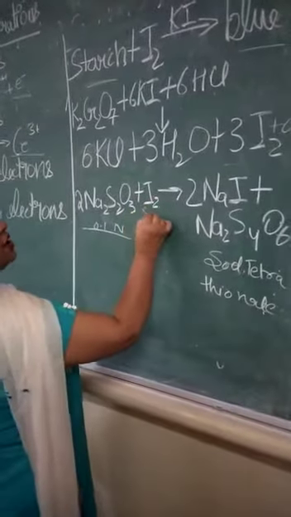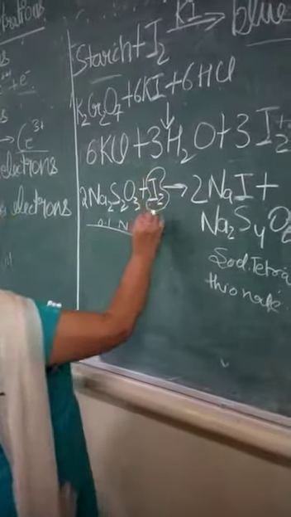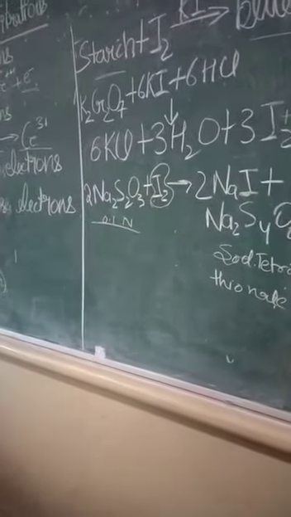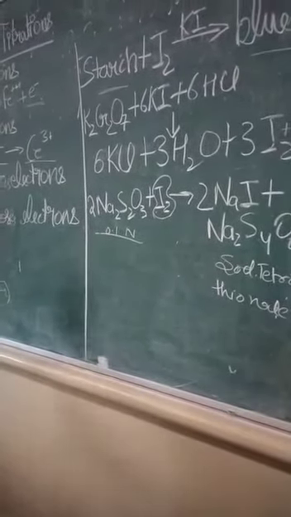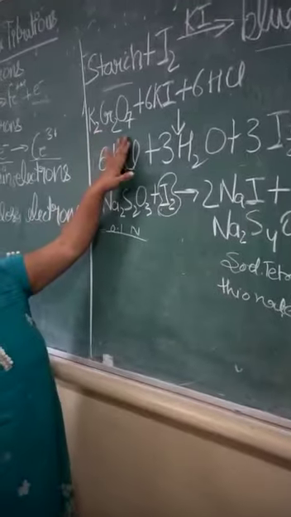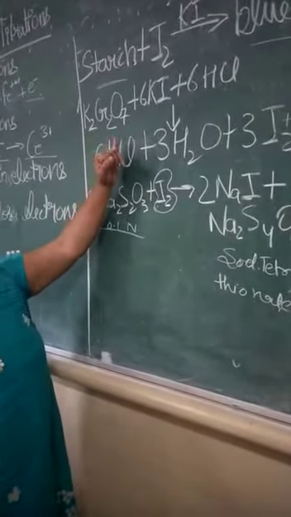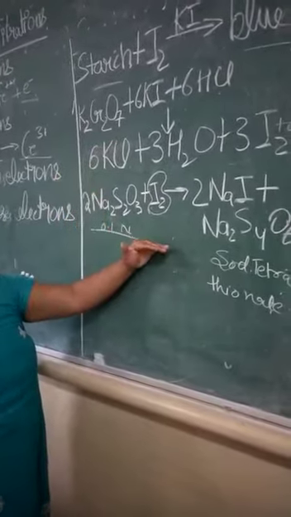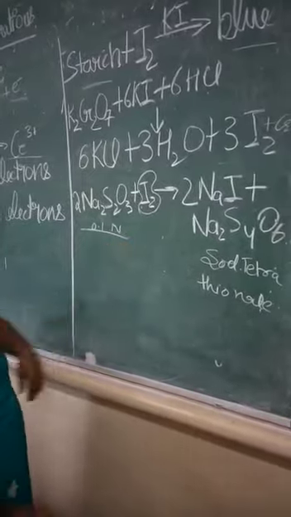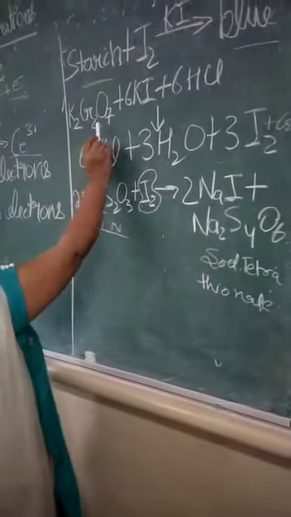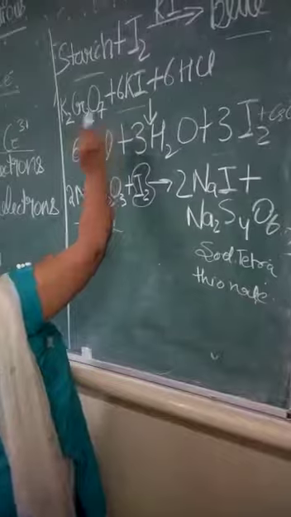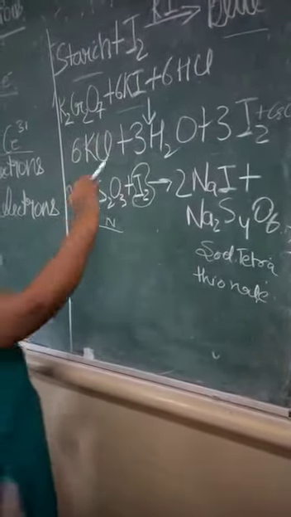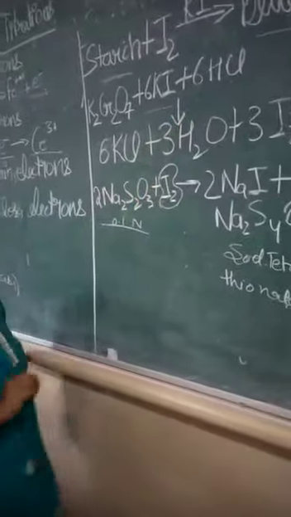But the question is, where has this iodine come from? In the conical flask we have taken potassium dichromate for standardization of sodium thiosulfate. We have added potassium iodide and some amount of HCl.